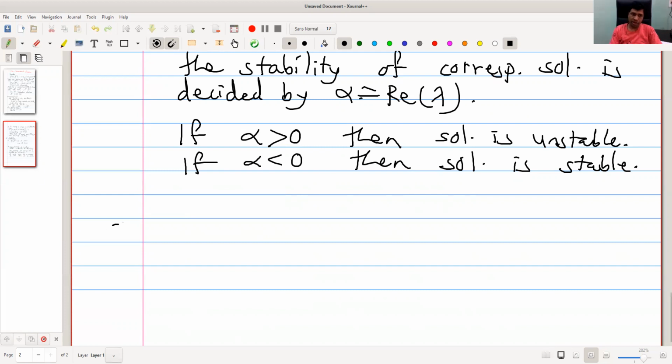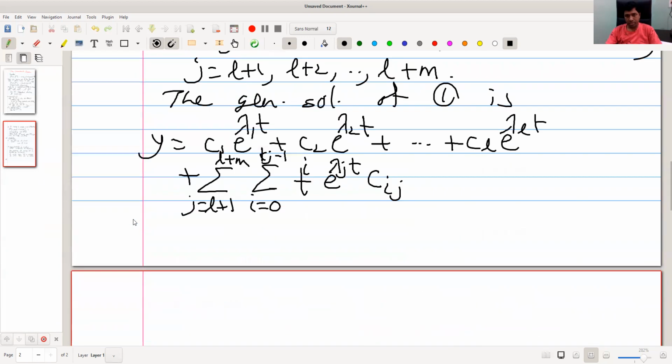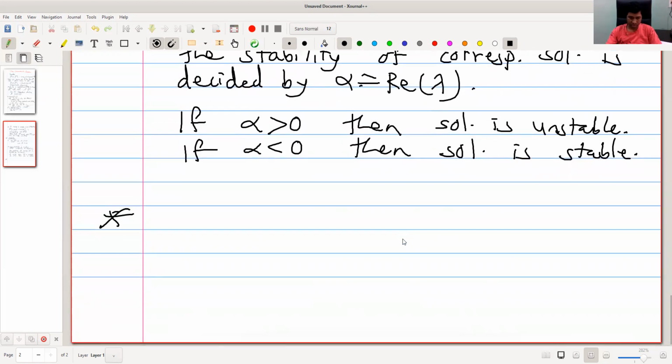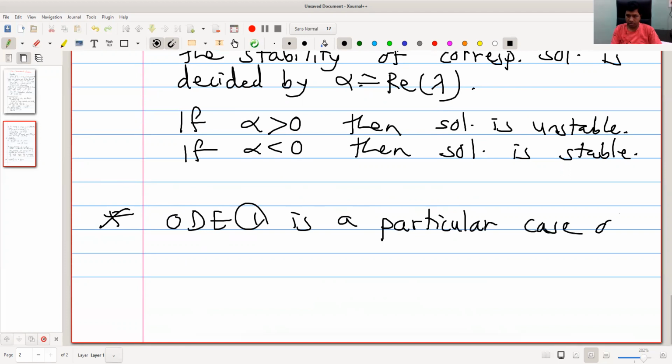These systems, I mean, this nth order ODE, is a particular case of a more general family: X dot equal to A X, vector differential equations.